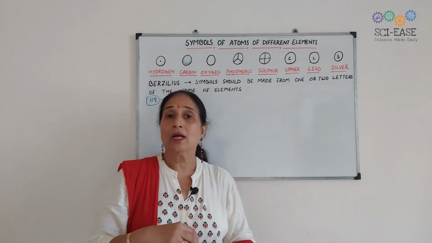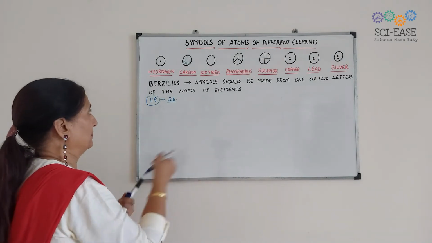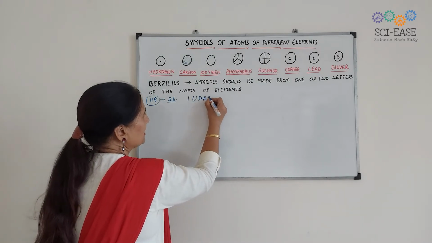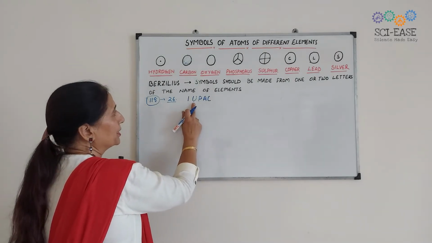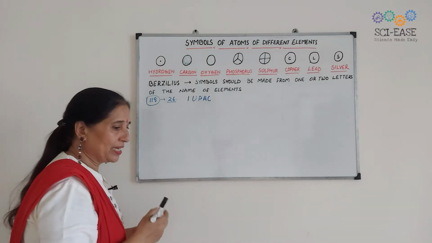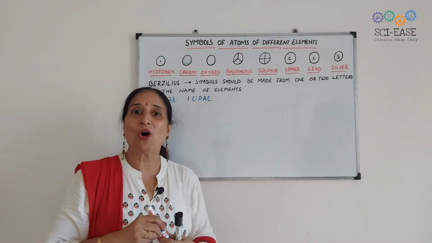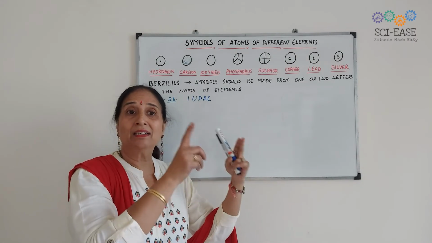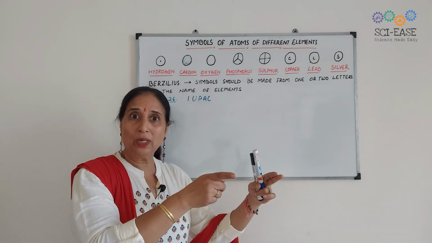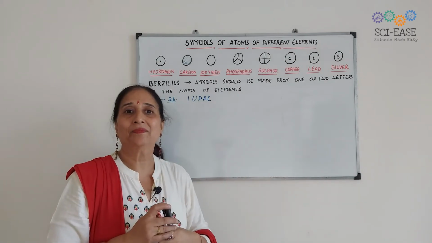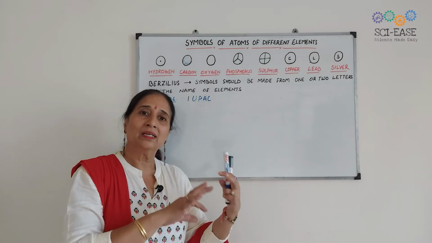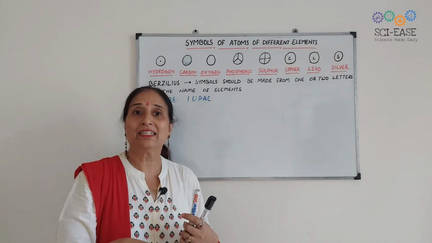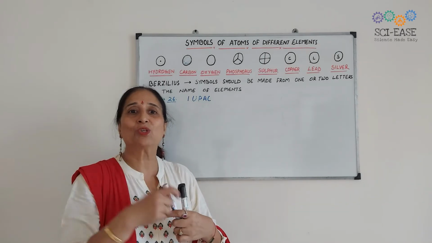But later on, the IUPAC, International Union of Pure and Applied Chemistry, gave the symbols of these elements by selecting the first letter and the second letter. But in some cases, instead of the second letter, the third letter is also used.